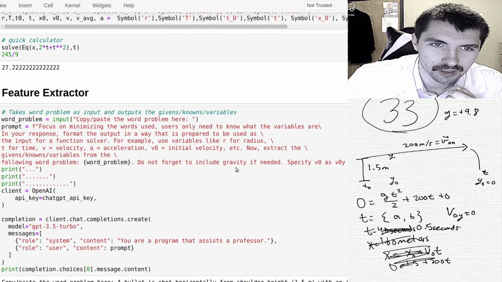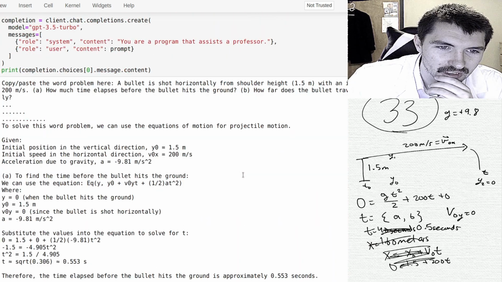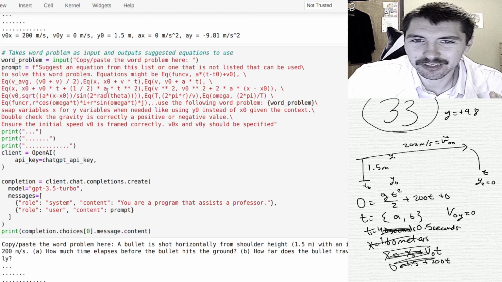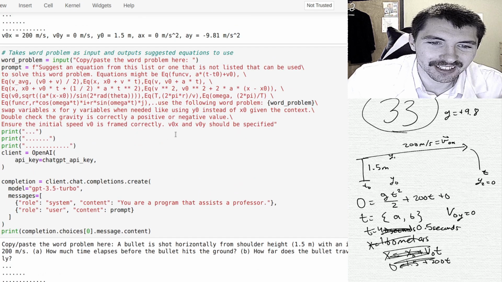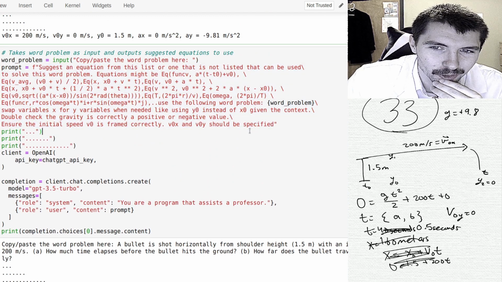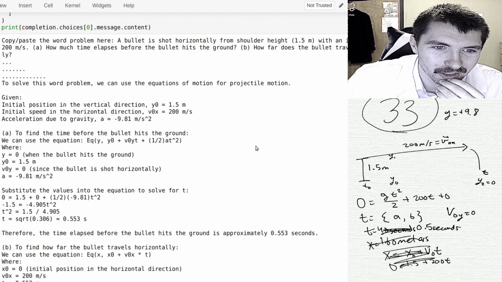Okay, cool. Yeah, so this, if anything's prompt engineering, it's this. There's nothing more prompt engineering than this, I would say.